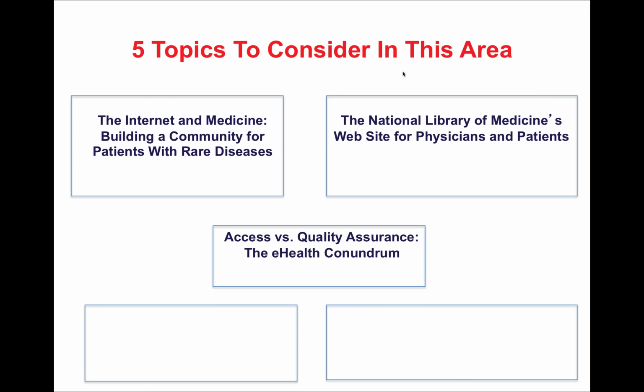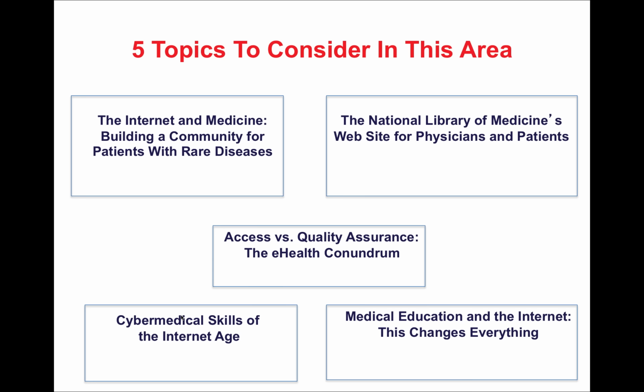We're looking at access versus quality assurance, and that's what some people call an e-health conundrum. We can get access to lots of information, but how good is that information? Then what some people would call cyber medical skills, and how to find this information, how to digest it. Repeatedly people say, I'm not much of a computer person, but indeed we all have computers all around us.